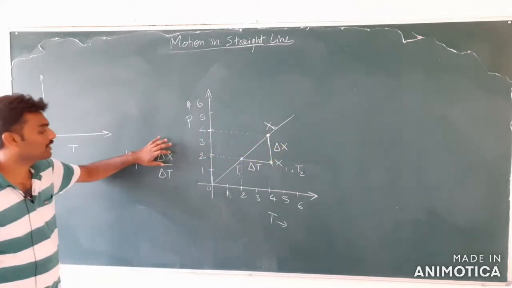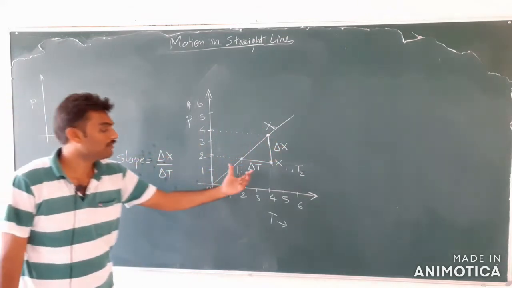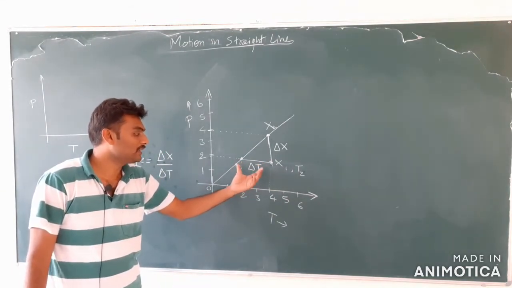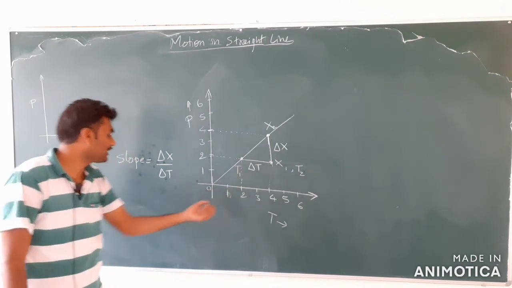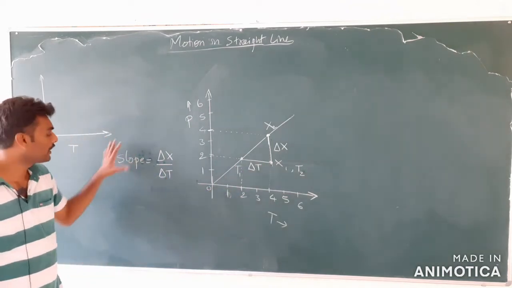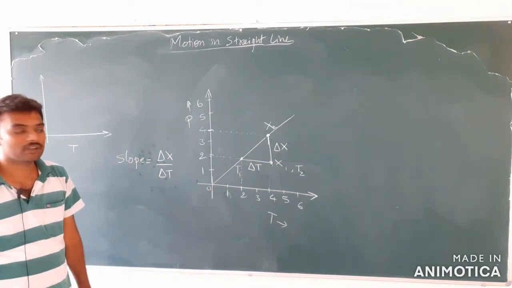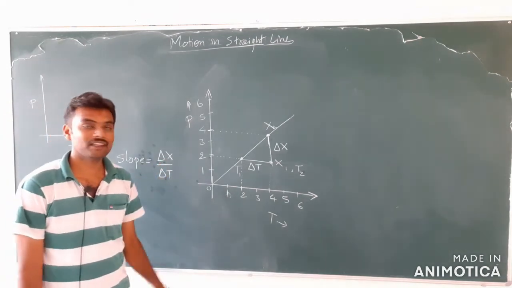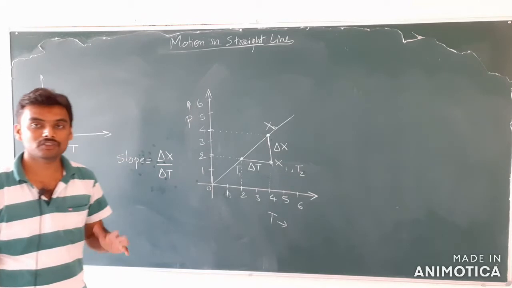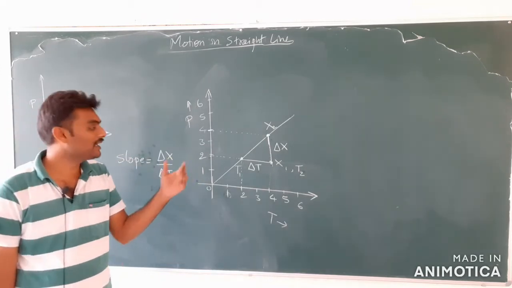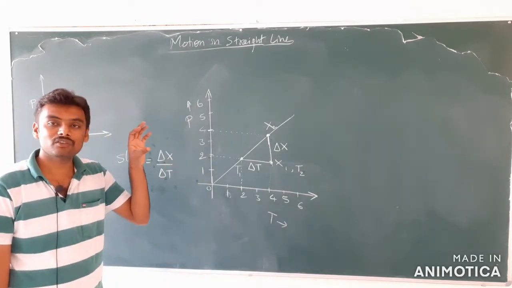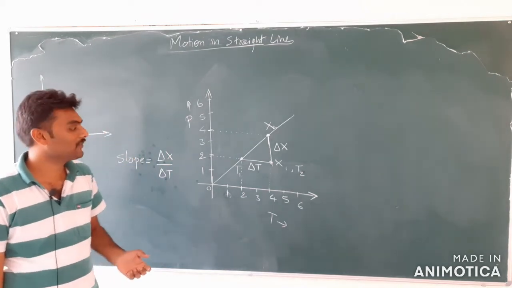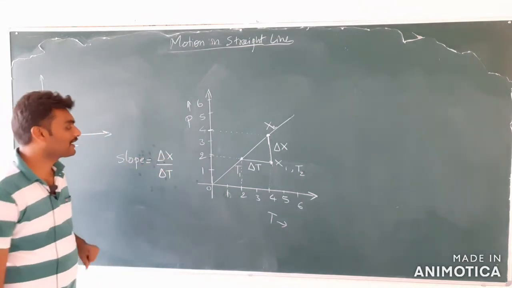We take that and put that here in the numerator, and we take the change in quantity which is there in the x axis, and we take that and put that in the denominator, and hence we have slope. Okay. So from formula, what is delta x by delta t? Yes, it is slope for any graph. Okay. Slope for any graph is delta y by delta x, change in the value of y axis quantity by change in the value of x axis quantity, and this is the slope for this graph.